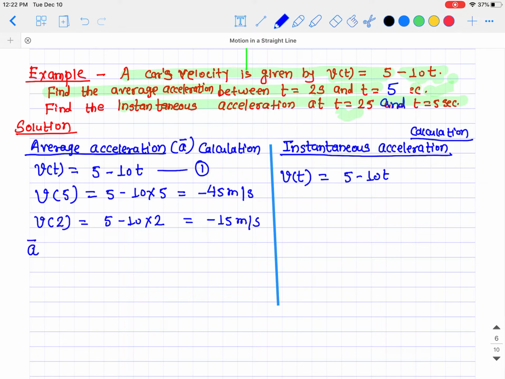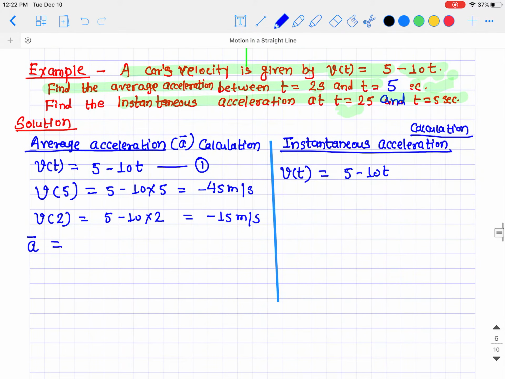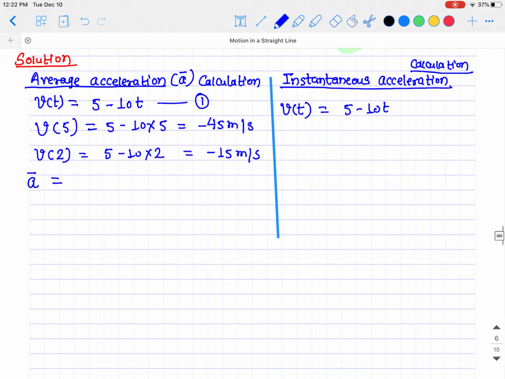By the definition, the average acceleration, which is denoted by a bar, is the final velocity minus initial velocity divided by the final time minus initial time.